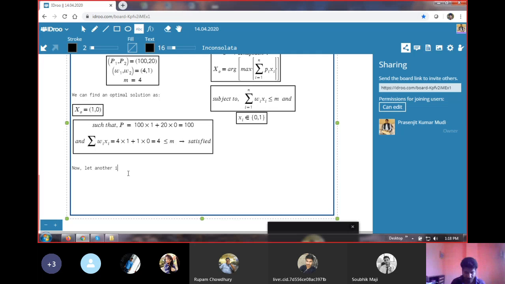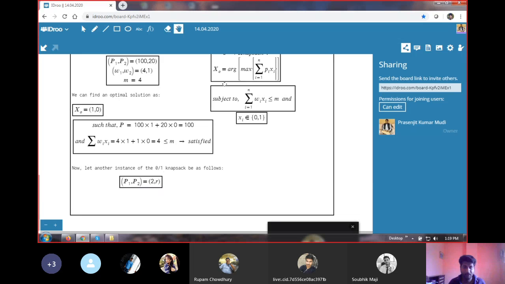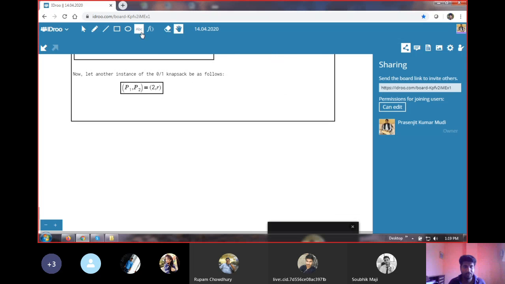Now let the problem of the 0 by 1 knapsack be as follows: P2 is equal to R. This is a very important part which I am now trying to make you understand.